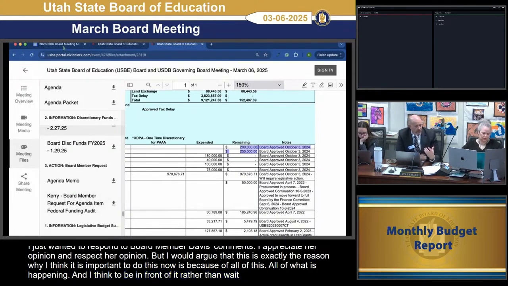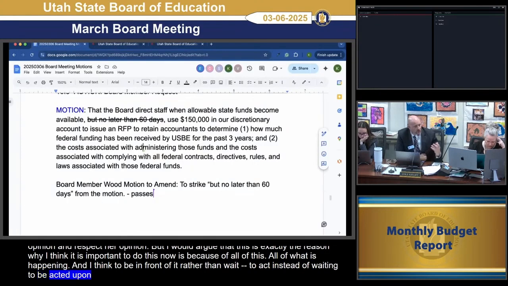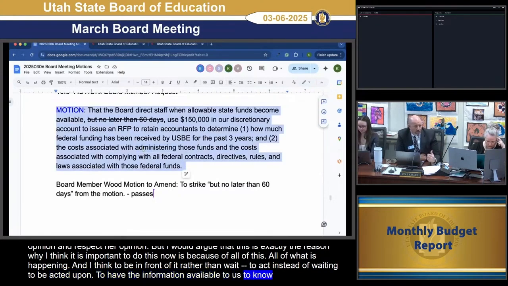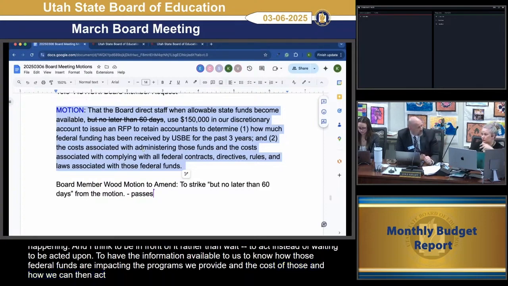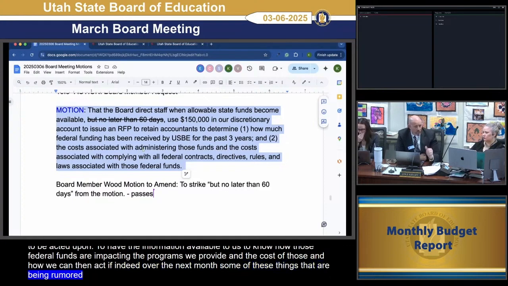To have the information available to us to know how those federal funds are impacting the programs that we provide, and the cost of those, and how we can then act if indeed over the next month some of these things that are being rumored happen. I think we'll be more prepared to deal with those with the data that we receive from this audit.